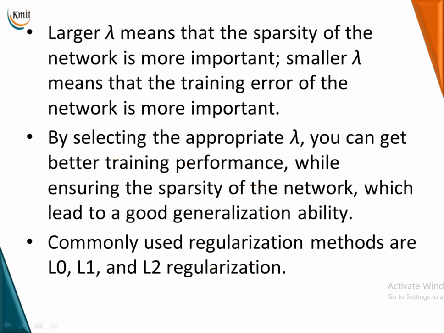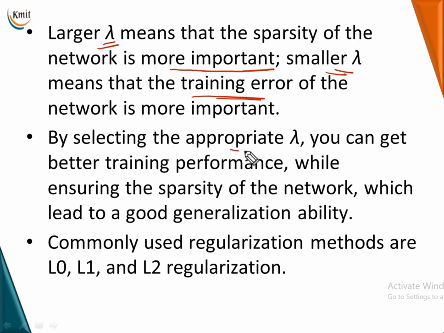If you are taking the value of this scaling factor lambda, the weight parameter, then if it is large, that means the sparsity of the network is more important. Otherwise, if you are taking a smaller lambda, it means that the training error of the network is more important. So based on that, you choose the value of lambda.